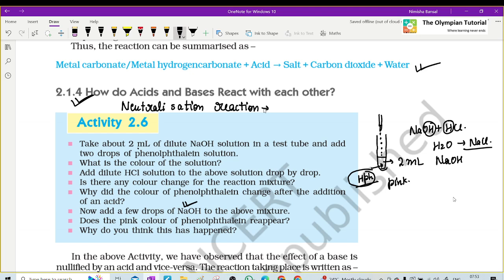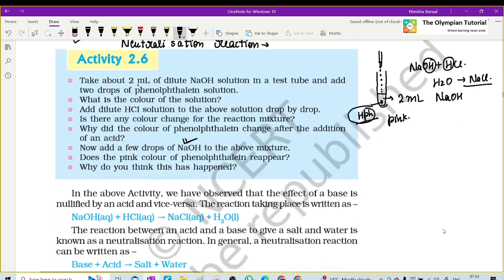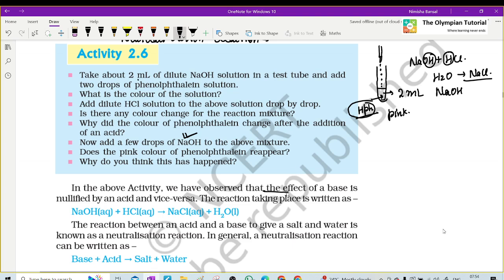Or you can write the statement: the effect of an acid is nullified by a base.